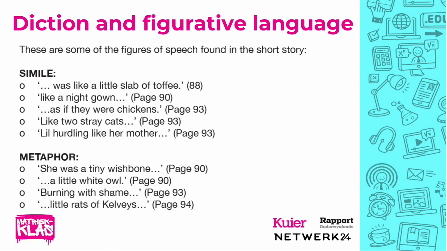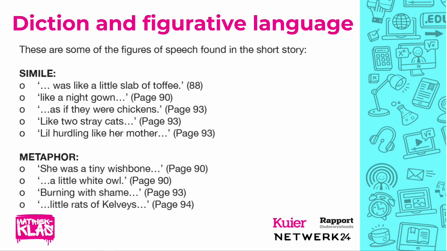And what the author has done is, by using metaphors and similes, by using these comparisons, by saying that she looks like a little white owl, okay, and a wishbone of a person. If you know what a wishbone is in the chicken, it's the two bones with the little line, the connecting bone in the middle. Then you have an image of what she looks like.